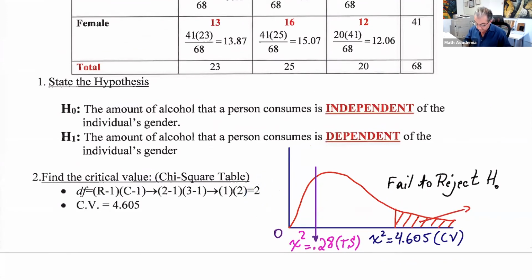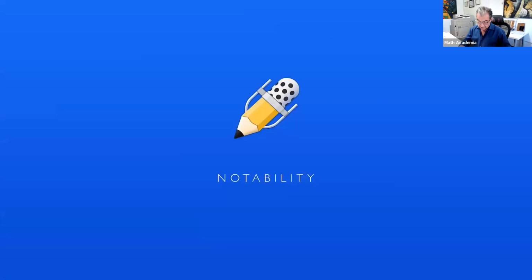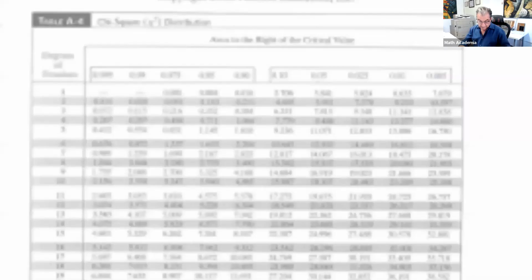we know alpha was 0.01, and I can probably share that with you. Just have to find the table, and so there we go.